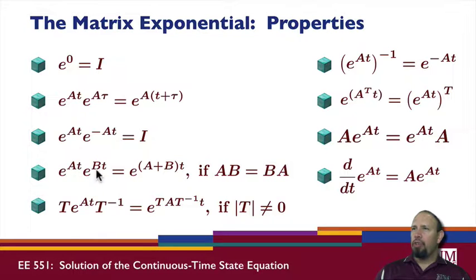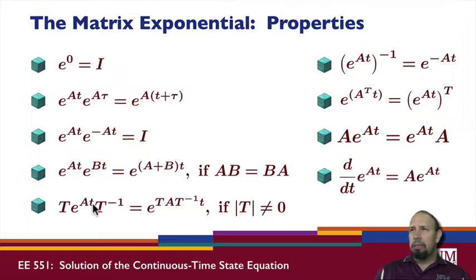Similarly, if I have two matrices, A and B, I can combine them in the exponential if the two matrices commute. If the two matrices do not commute, then in general these two will not be equal to each other. So there's an unusual thing associated with the matrices commuting or not.